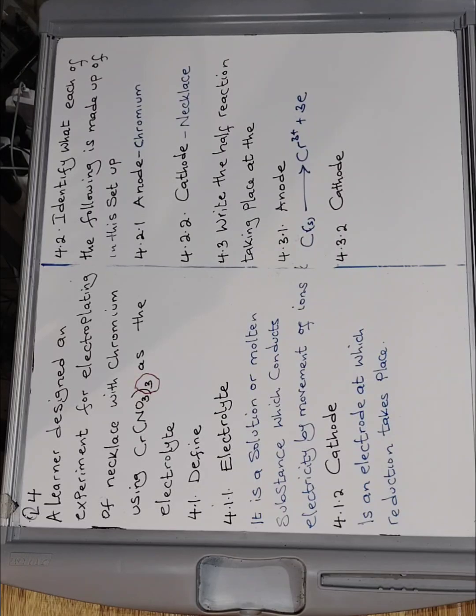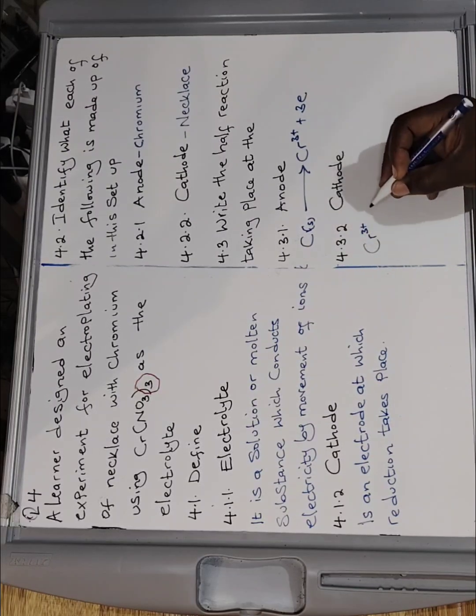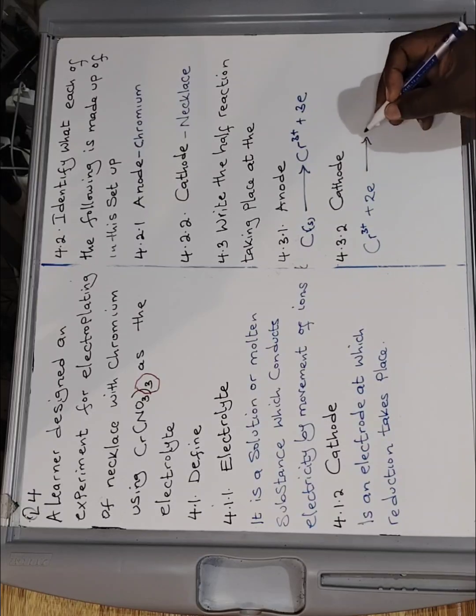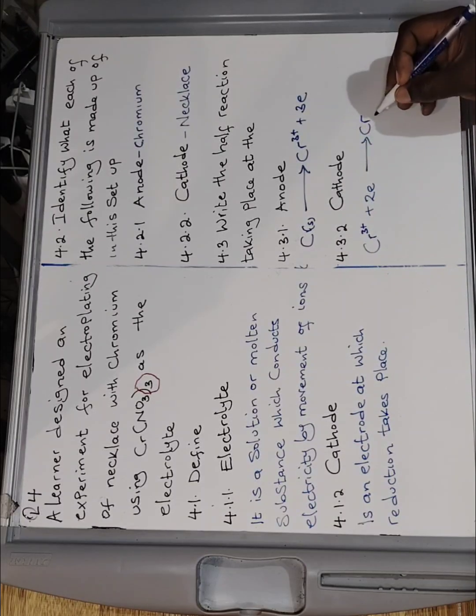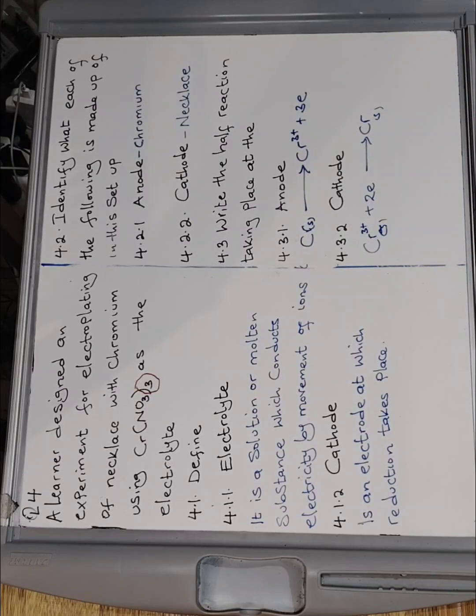Chromium ions. Chromium ions are being reduced to chromium solid, which is attaching to the necklace. So that is that. Then the next question.